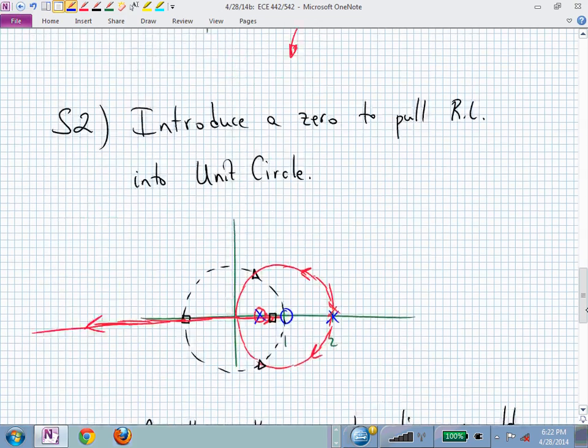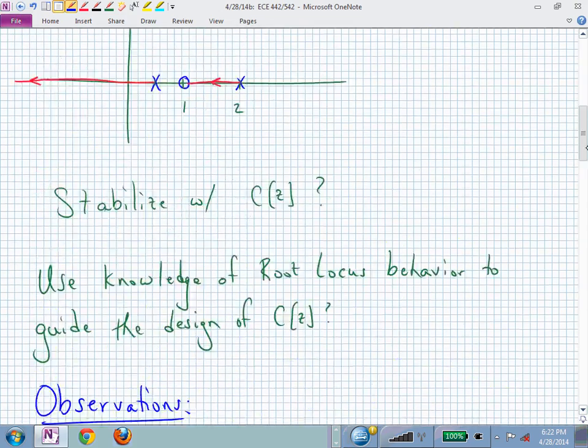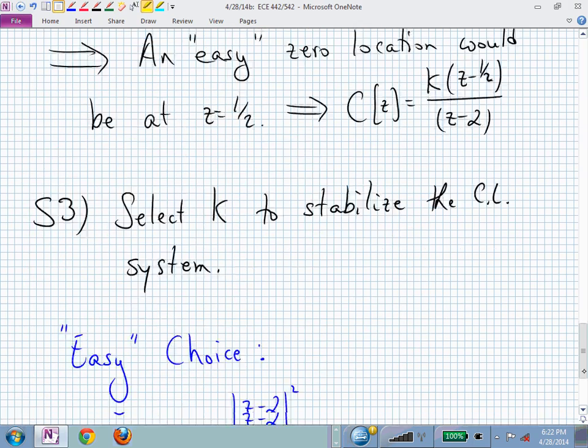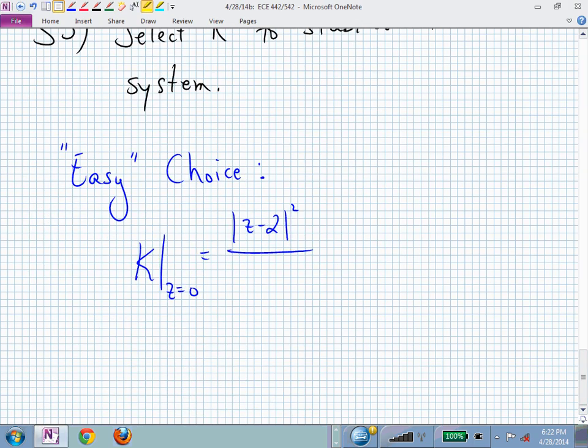What was our plant? Oh, we can't forget that guy, can we? That 2. So this is coming from the magnitude condition. I now have a 2 downstairs, and I have a 0 at z equal to 1. But I just have to evaluate that when z is equal to 0. It can't get any easier than that, can it, actually?